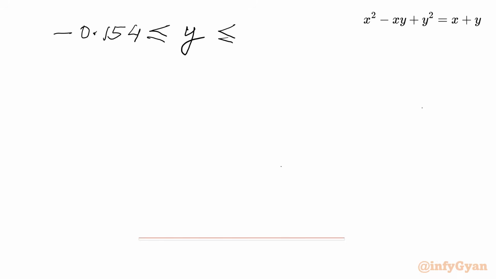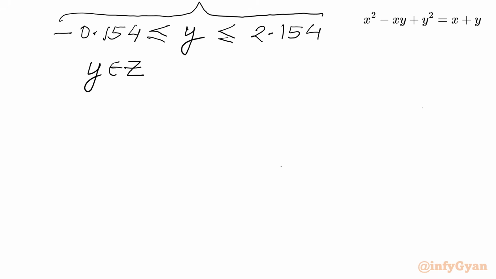So I will write here y should be in the interval minus 0.154 and 2.154. Now the condition on y is y should be integer. So in this interval we will get 3 y integers: y equal to 0, y equal to 1, y equal to 2.